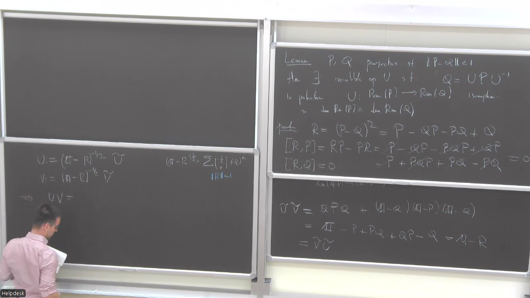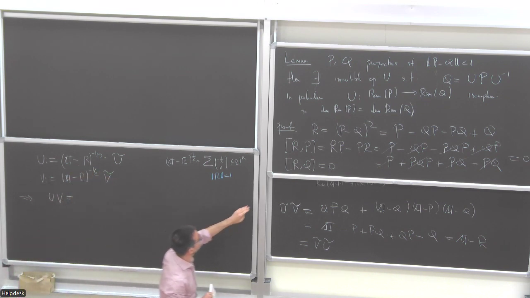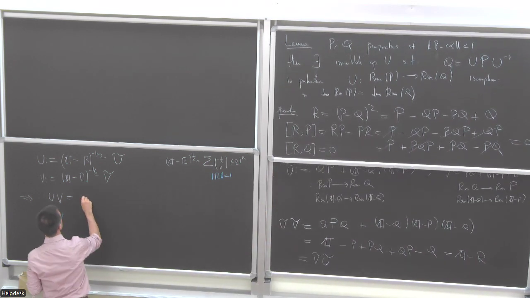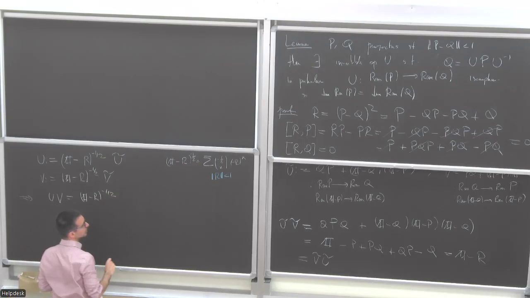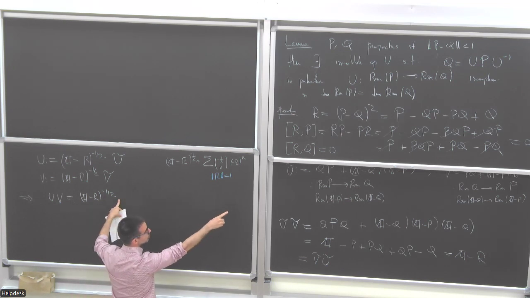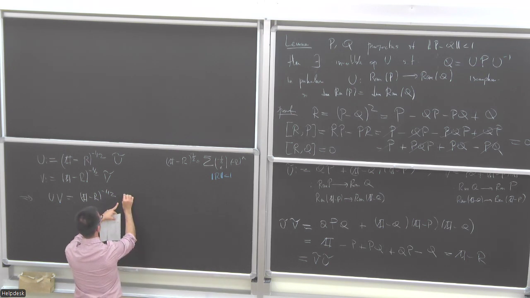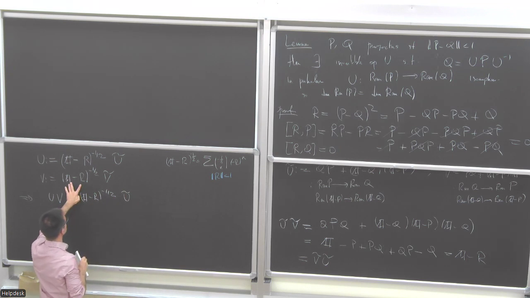Okay? And now what happens if you do UV? So if you do UV, you get what? You have identity minus R to the minus 1/2, U tilde, and then V is this.